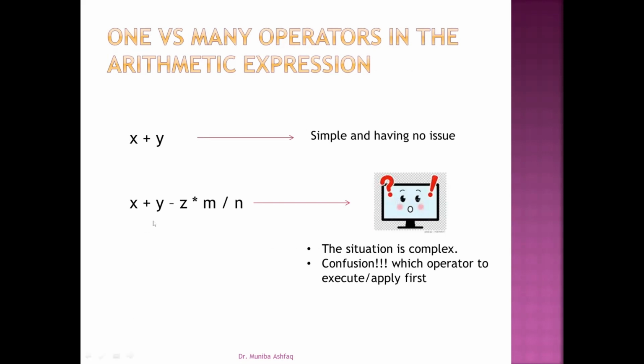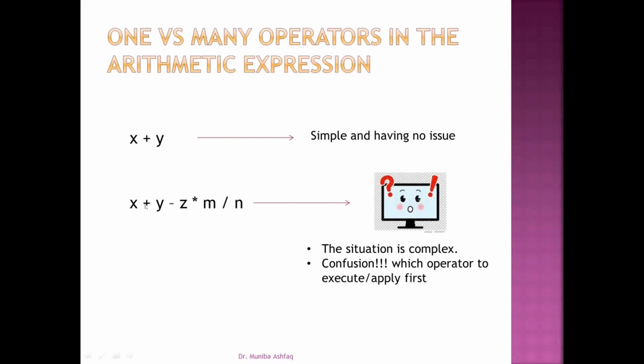But in the case of this expression, you can see that we have multiple operators. The compiler has a choice to evaluate each operator one by one, sequentially. So in this case, it has to make a decision. Okay, what operator does it have to evaluate first?